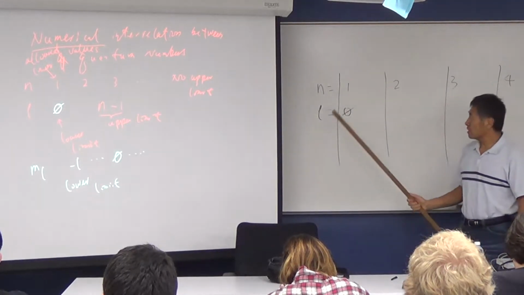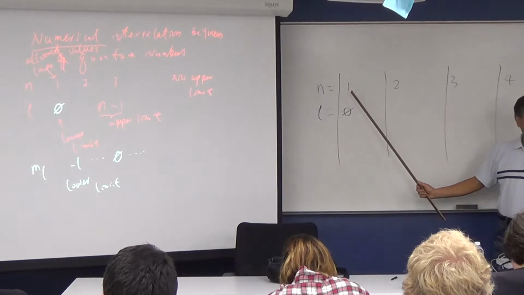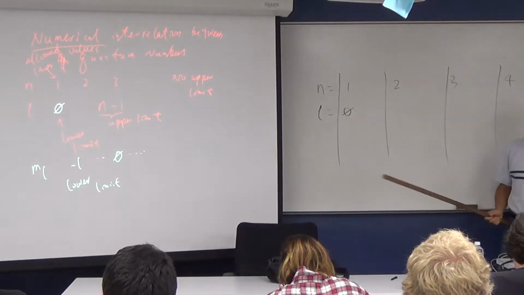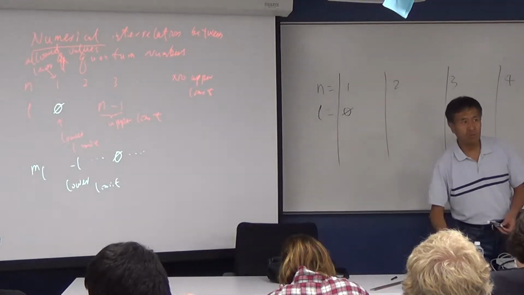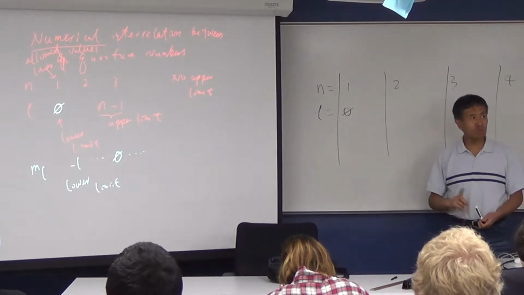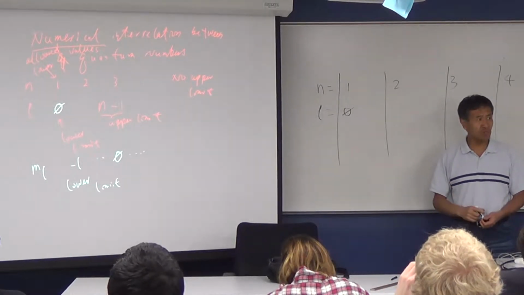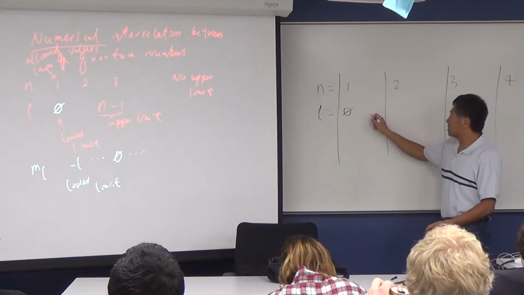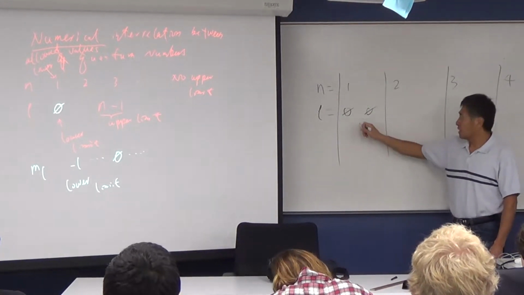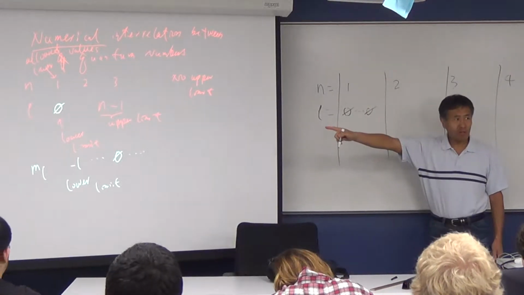Now for this example, if your n equals 1, what is your upper limit for L? 0, because n is 1, so 1 minus 1 is 0. So therefore you will have a 0, and then dot, dot, dot, according to the formula there.